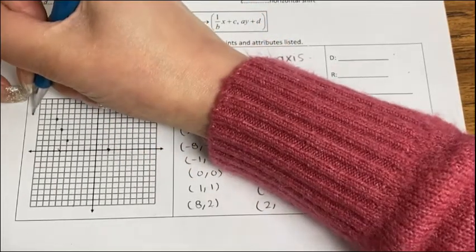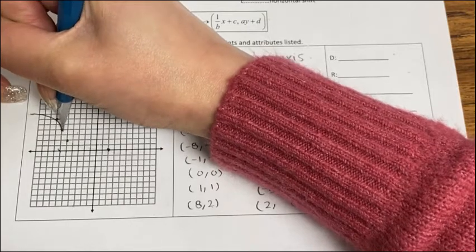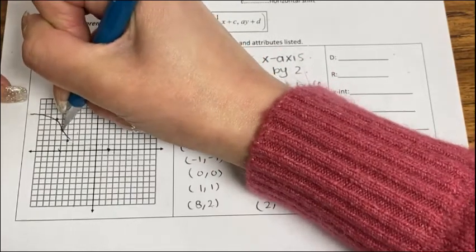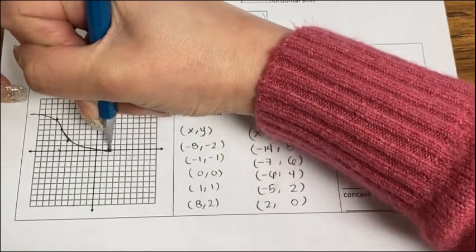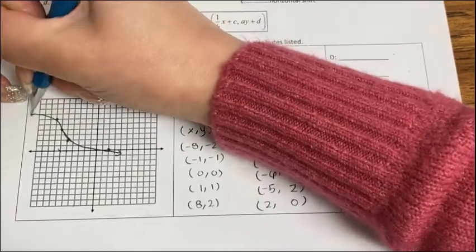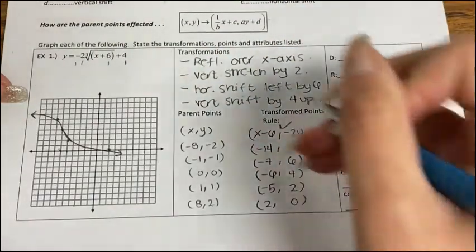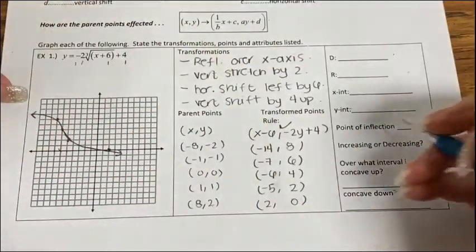Okay, so your graph should look something like this. That is your graph for the situation.